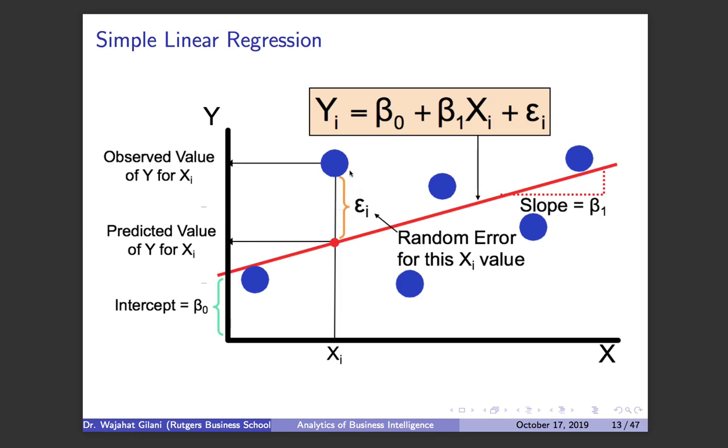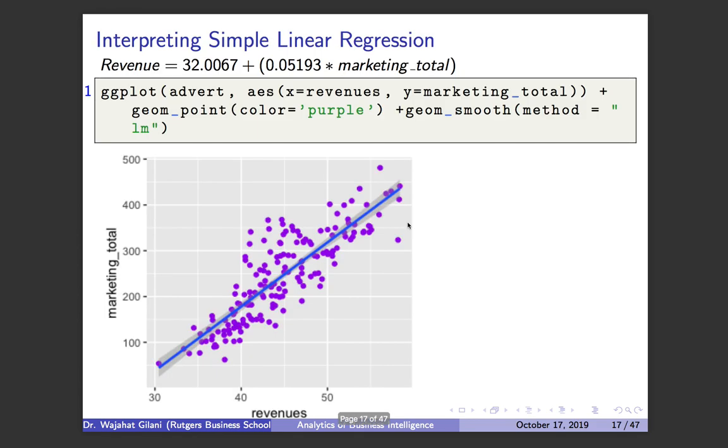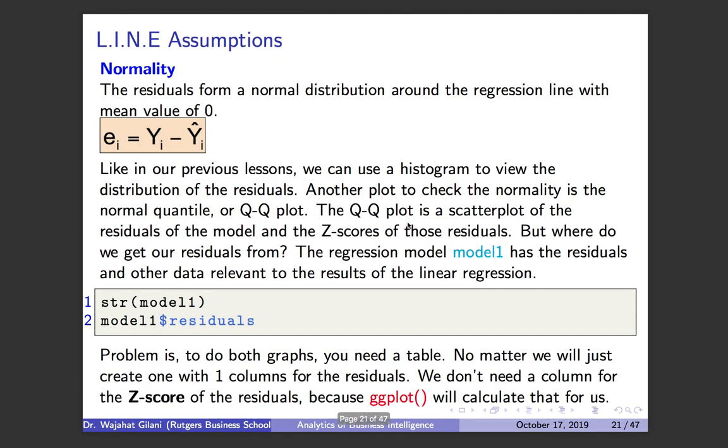Because above the line is positive, below the line is negative. If it is truly slicing that data in the middle, there should be an almost equivalent amount of positive and negative errors, and in aggregation they should be of the same magnitude above and below. So the average should be 0. That explains the first part: the residuals should have a mean value of 0.